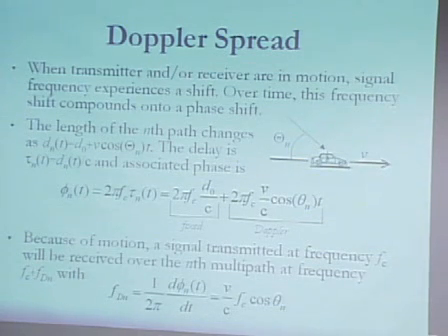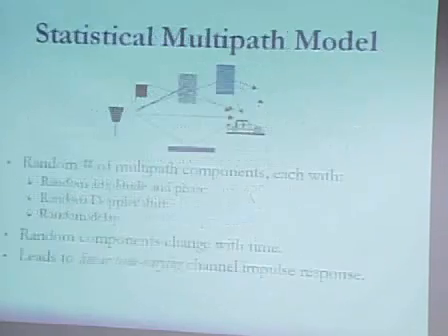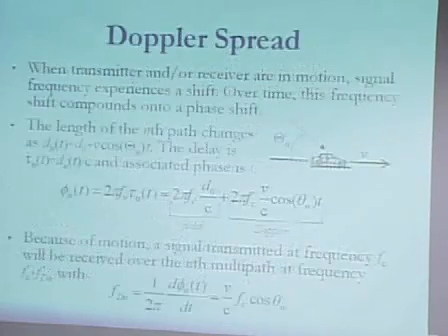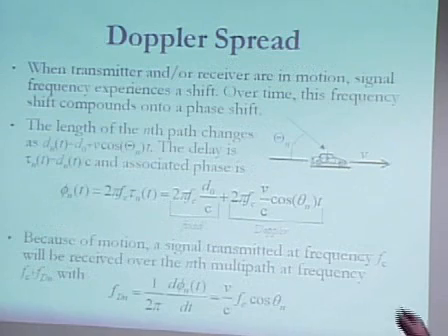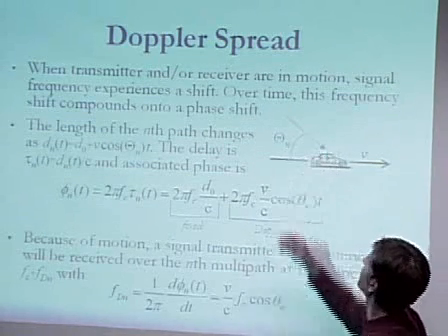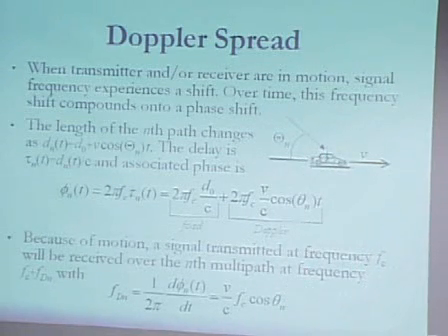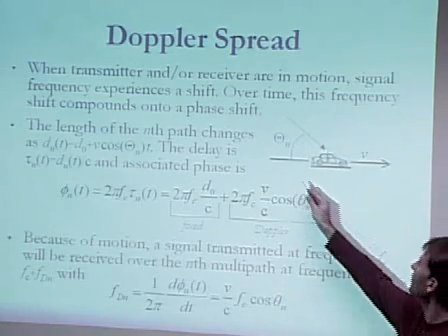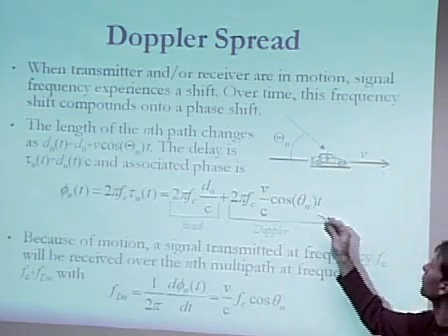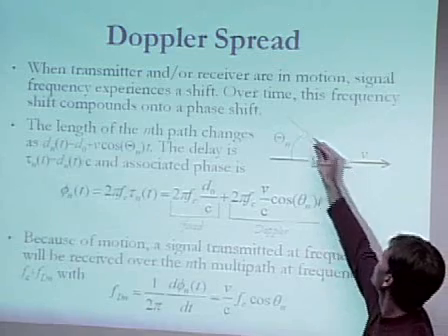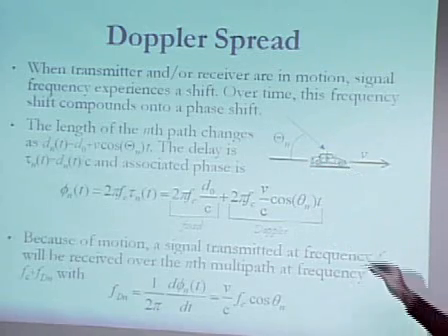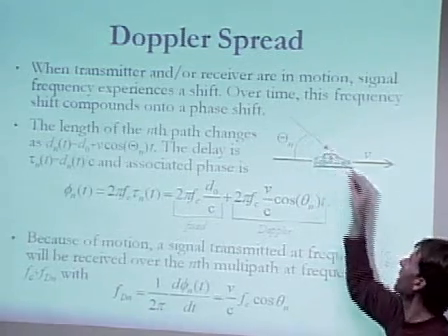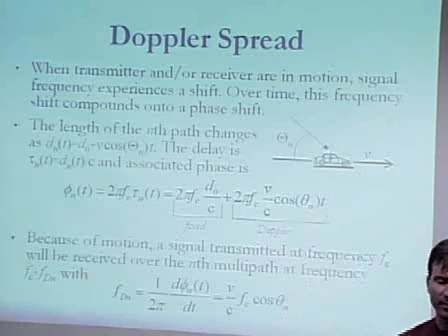So let's look at one of the paths. Remember, we had all these paths here. Let's look at one of them, which is arriving with a certain angle theta sub n, and the receiver is moving at a speed v. Theta sub n is the angle between the wave incidence and the vector of motion.